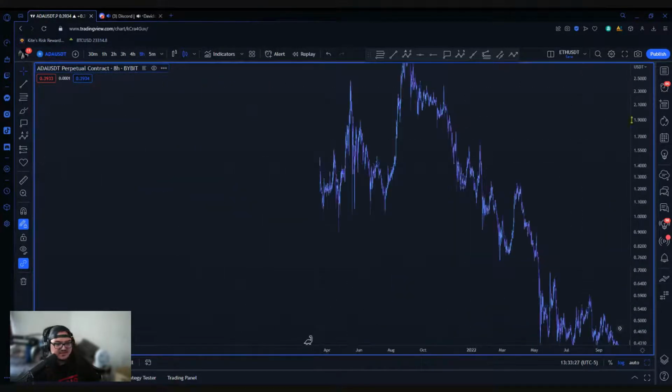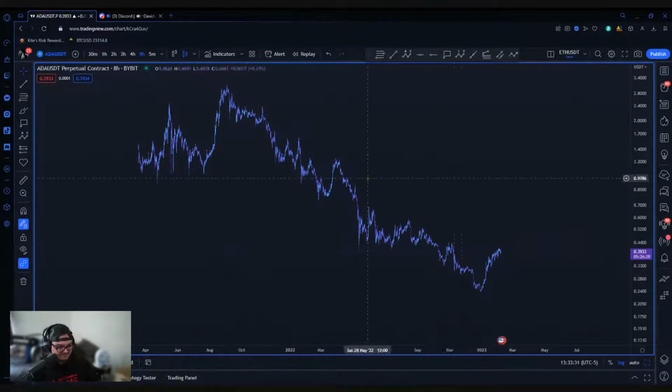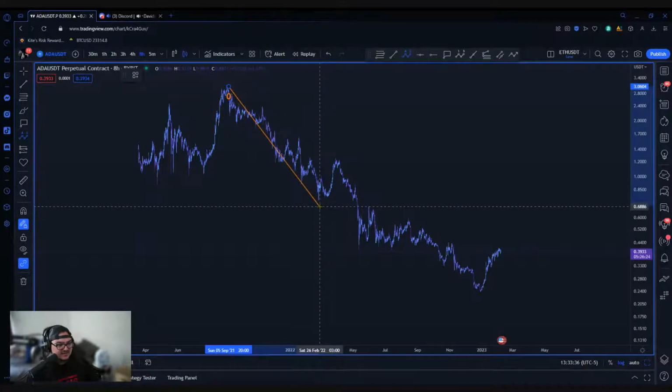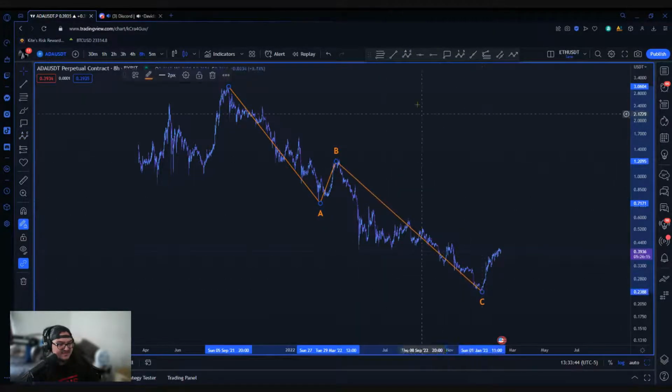So for ADA, we're pretty much looking at now. Unfortunately, how this progressed was not the cleanest in my opinion. This just looks like a very wonky ABC, and you could say that this C wave is the extended one.